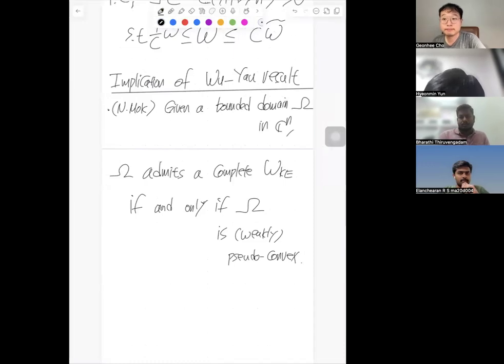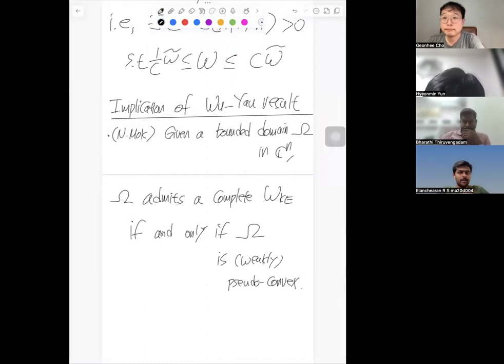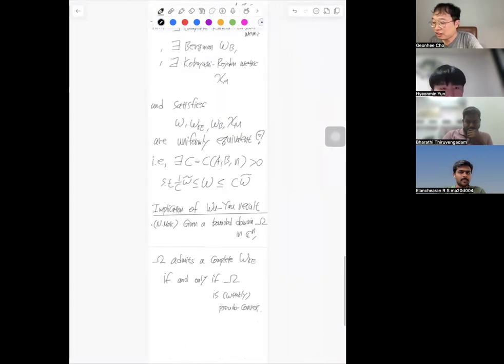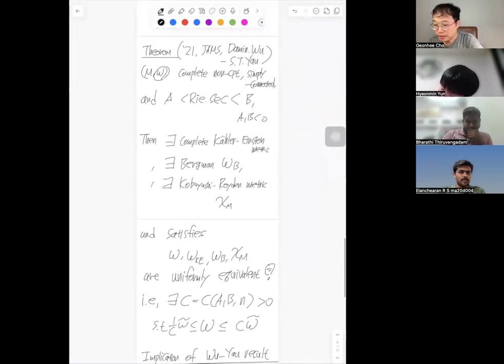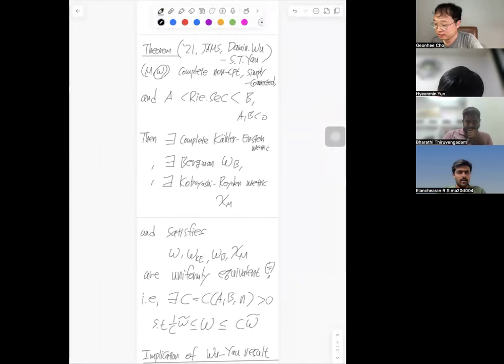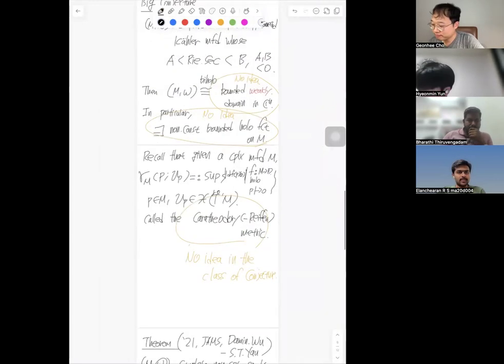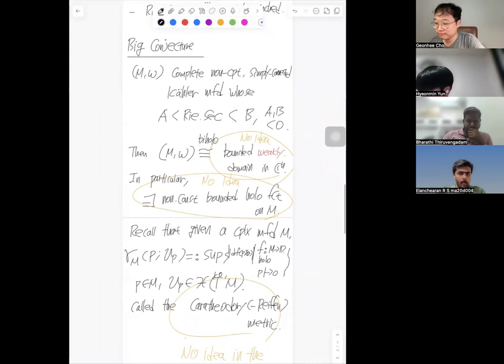Just adding to his question: are there examples of bounded domains which are not biholomorphic to the ball, satisfying all the necessary conditions? Okay, it's the same question that Joseph asked here.